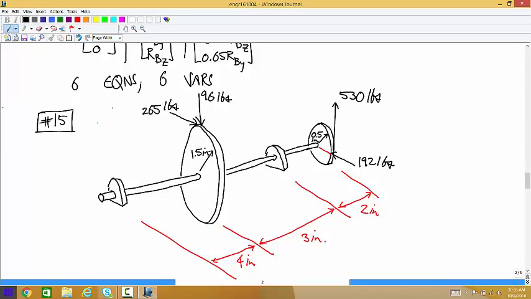This moment of 1.5 inches times 265 is bigger than 0.5 times 530, so this thing is going to spin. But we're not going to worry about that dimension. We're going to worry about the dimensions where we do have loads. That's going to be our approach to this problem.